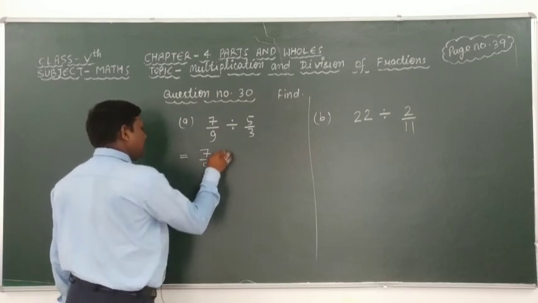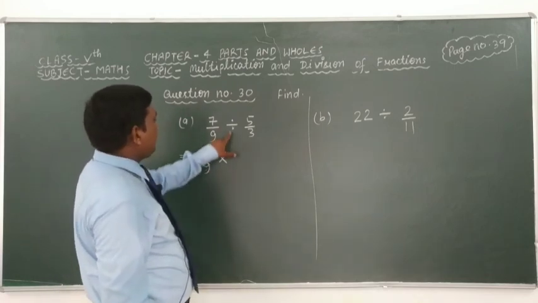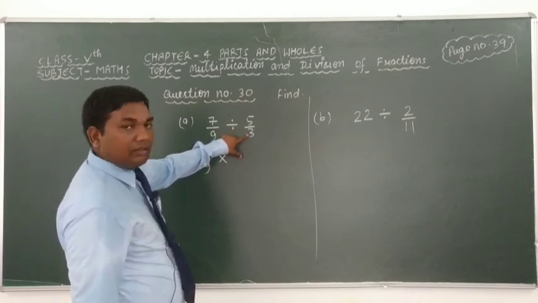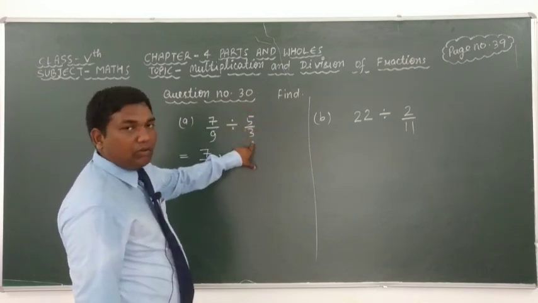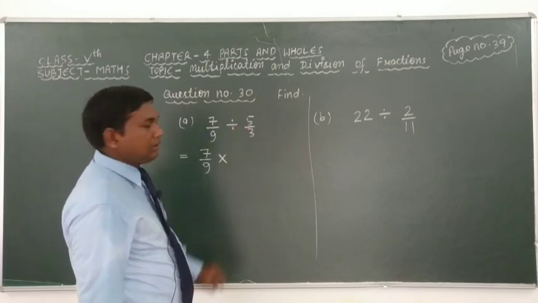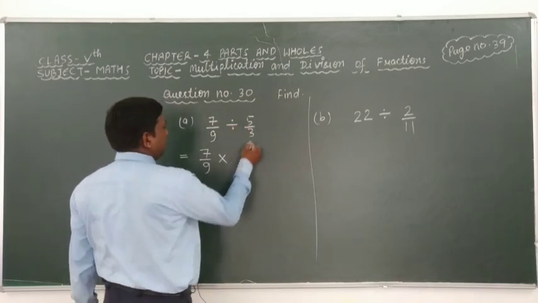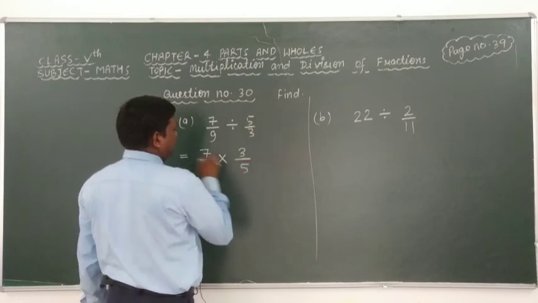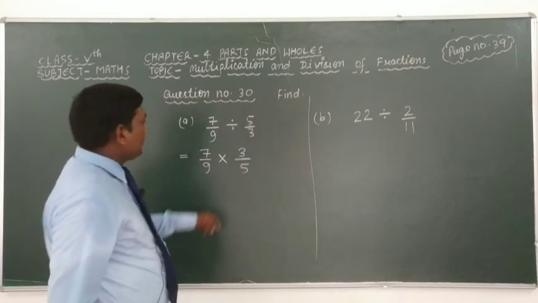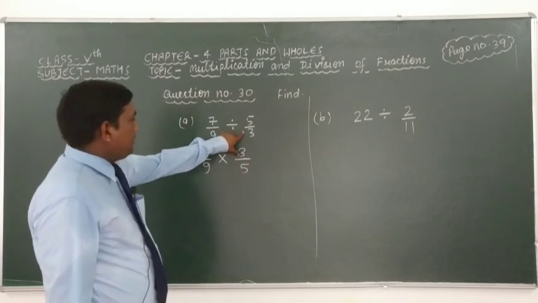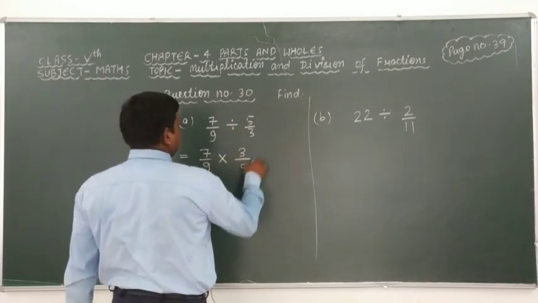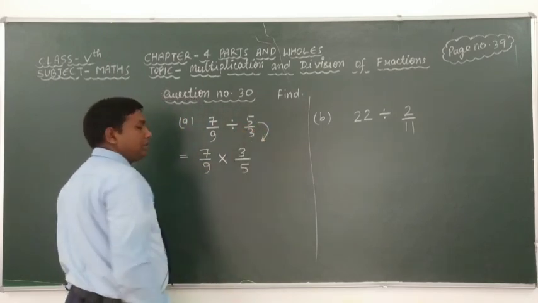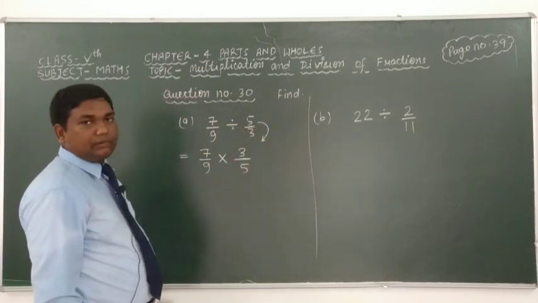If we take a multiply sign in place of the division sign, then we change this fraction into the reciprocal of 5 over 3. It means we write 3 in numerator and 5 in denominator. Understand? The reciprocal of 5 over 3 is 3 over 5.